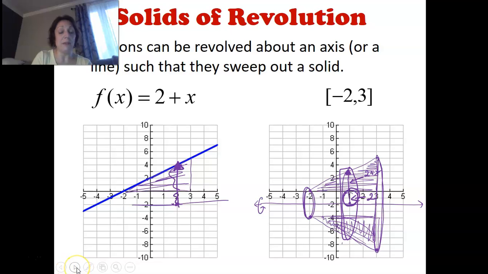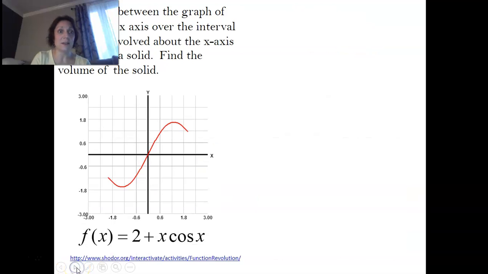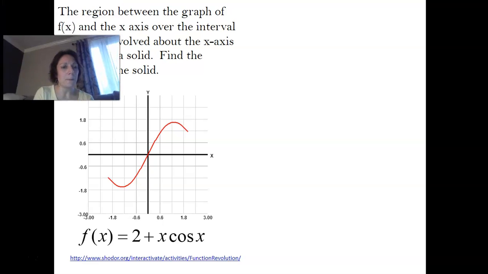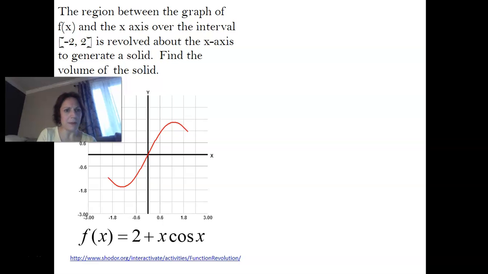Now, if you are awesome at picturing these, good for you. If you are not awesome at picturing these, I will put this website up in Schoology, actually. It's a little interactive function Revolution website, but if you Google Solids of Revolution and like Grapher, you can find some pretty cool websites where it allows you to create the area, which is what I did here, and then revolve it.